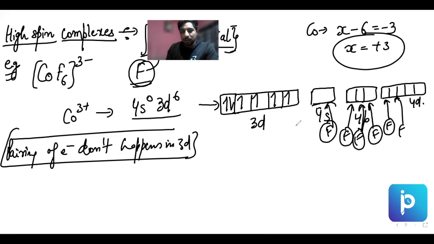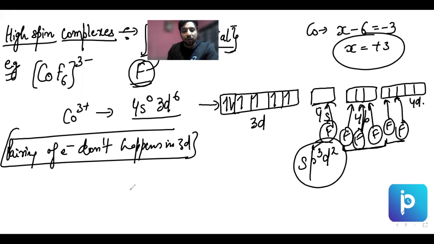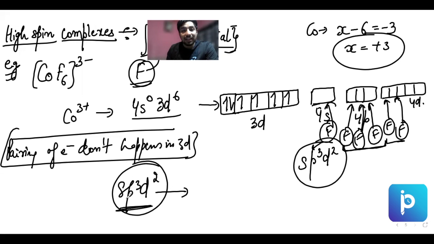So 1 s orbital is utilized, so we write s. 3p are used, sp3. 2d are used, so that is sp3d2. So in this case, the hybridization comes out to be sp3d2.